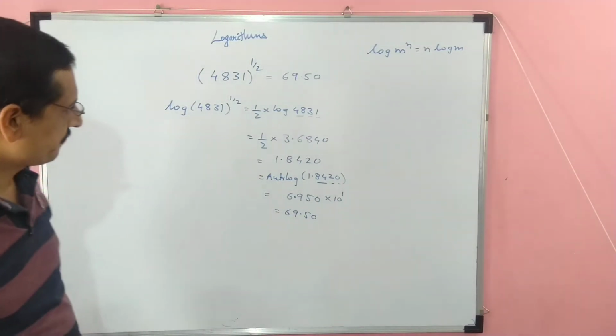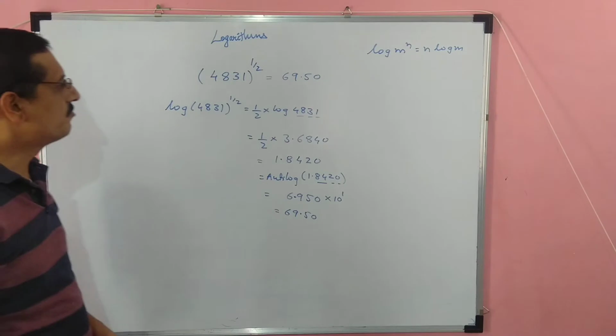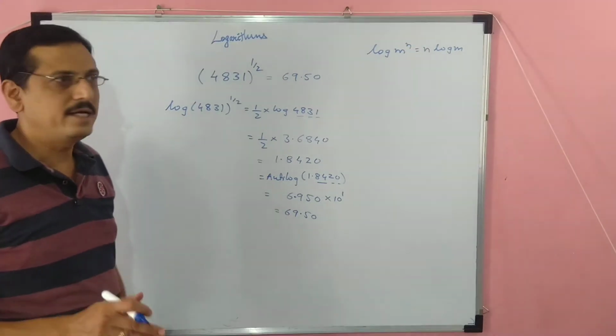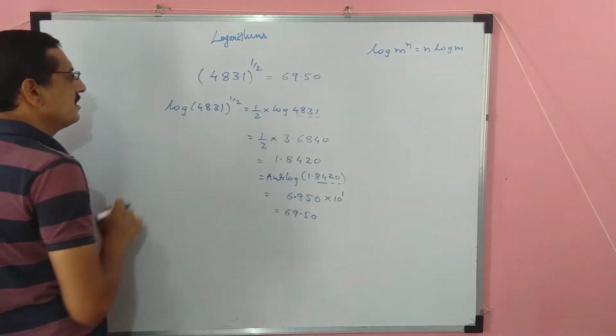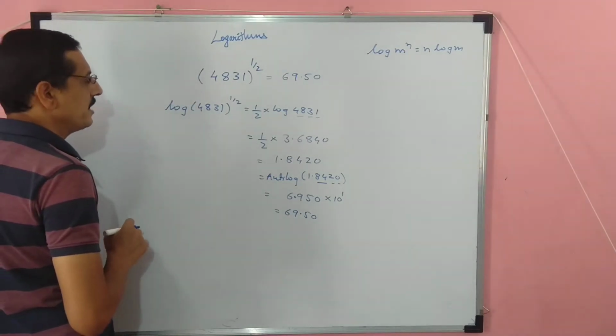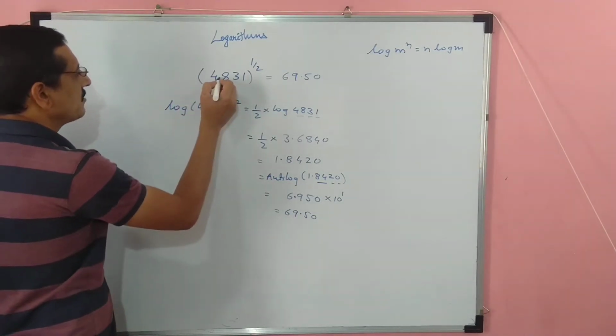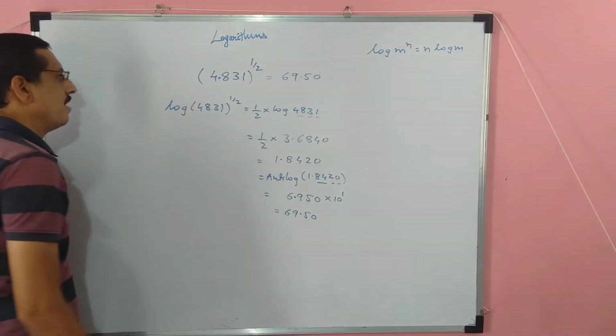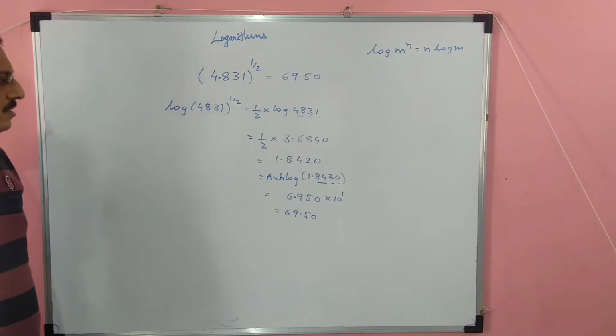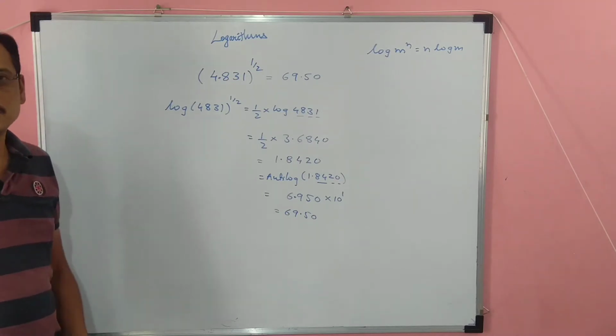Okay, students. Now let's move to some other value. Say, for example, the same value, but I will change the sum. Check how I am doing that. I am taking it as 4.831 raised to power 1 by 2. This time I have changed the sum.